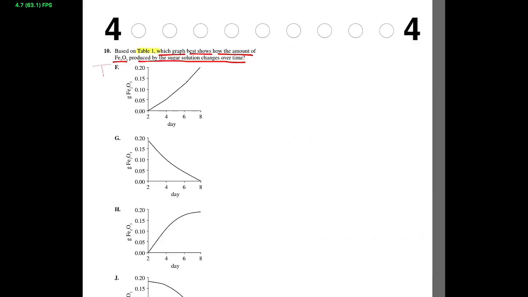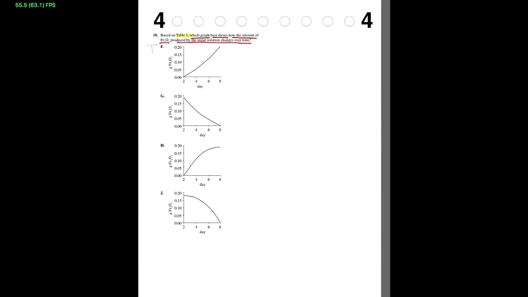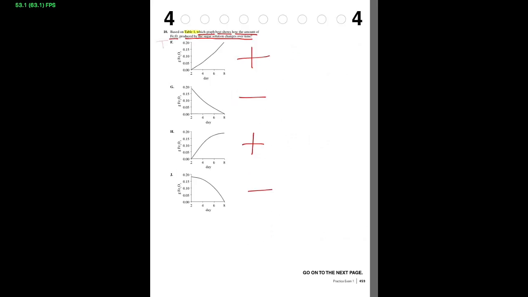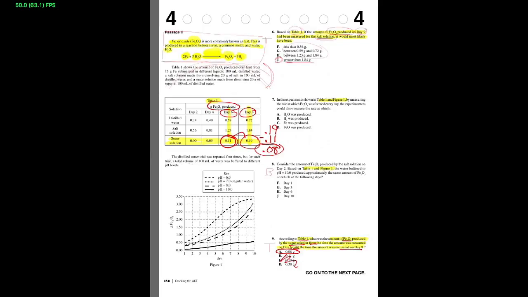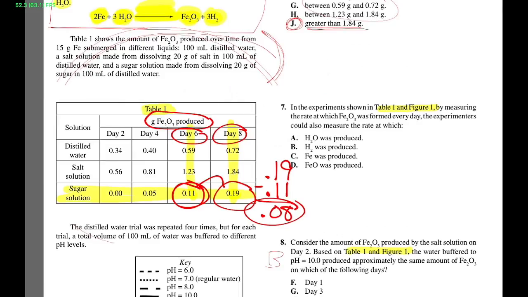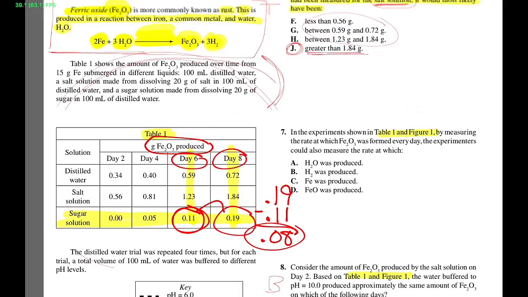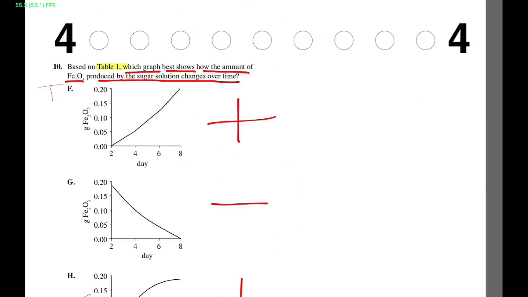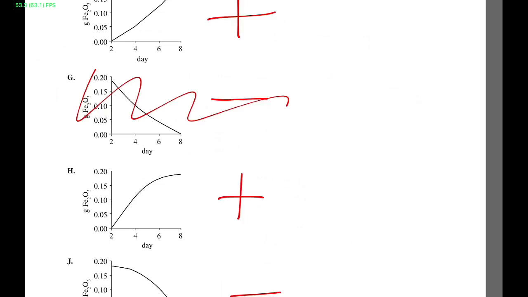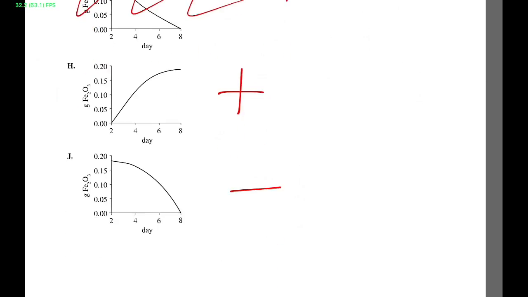And so I have 4 choices. So I have this one, which is an increase in rust. This one's a decrease, this one's a decrease, and this one's an increase. And I definitely remember that the rust increased over time. So it's definitely going to be either the first one or the third one.